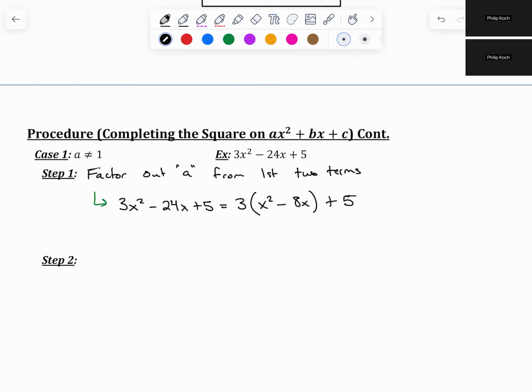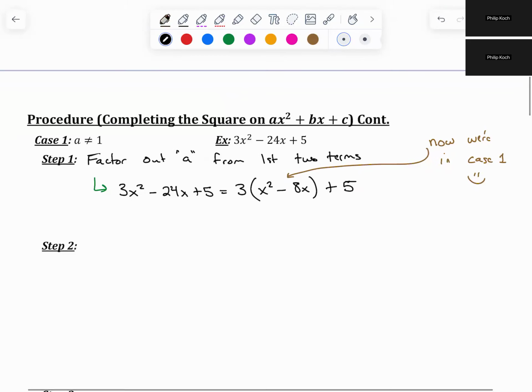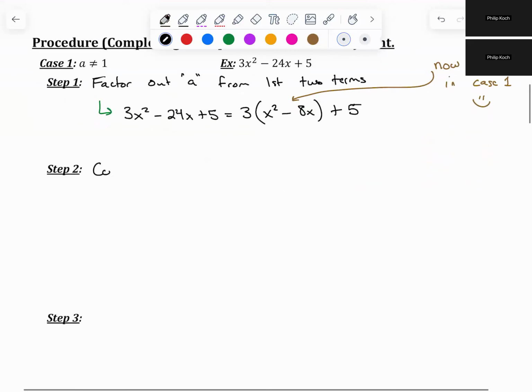It's easier to work with. Now on the inside, now we're in case 1. So we can just follow the procedure that we had from step 1. Step 2 is going to be complete the square inside of parentheses.